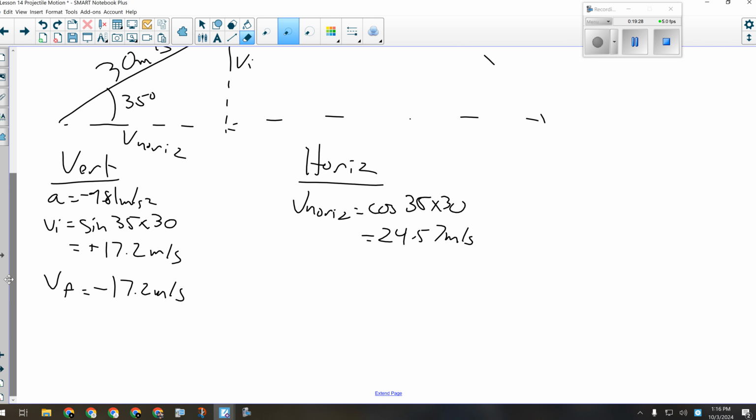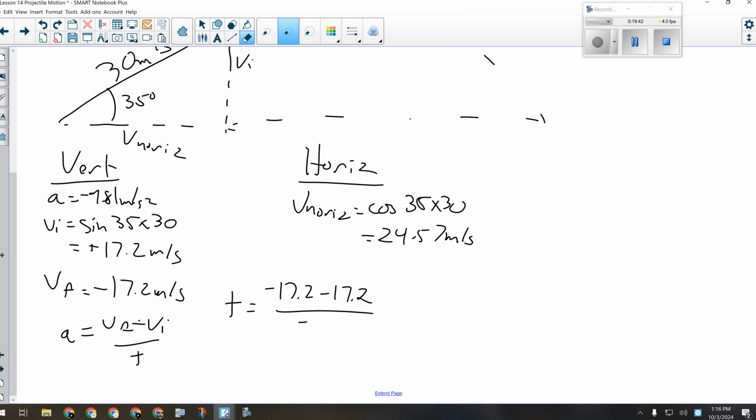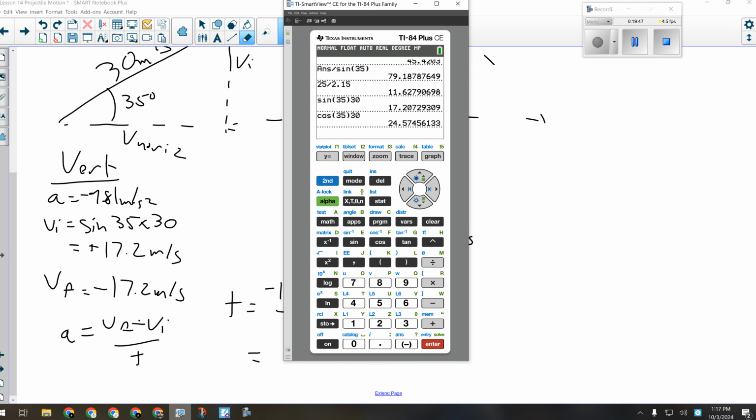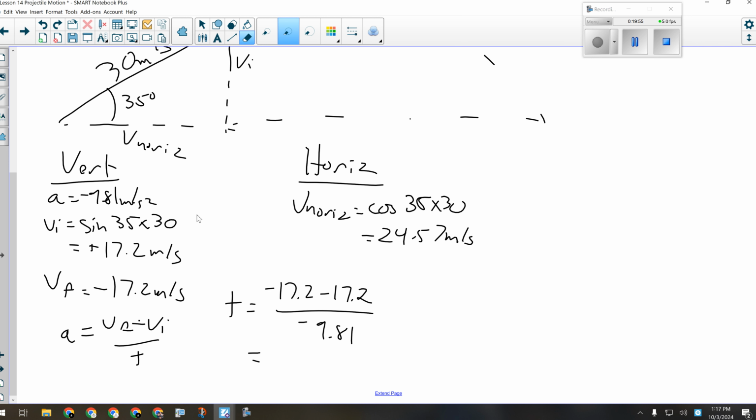Just use my good old Science 10 acceleration formula, VF minus VI over T, and just manipulate for T. So that'll be negative 17.2 minus 17.2 divided by negative 9.81. Okay, so we're going to get 3.51 seconds for the time.